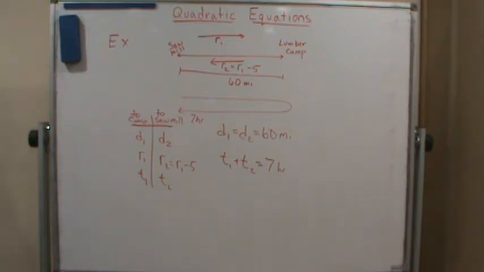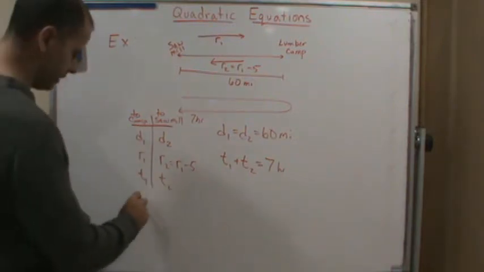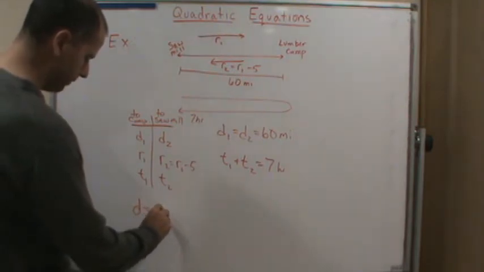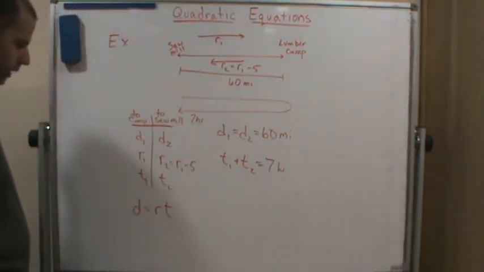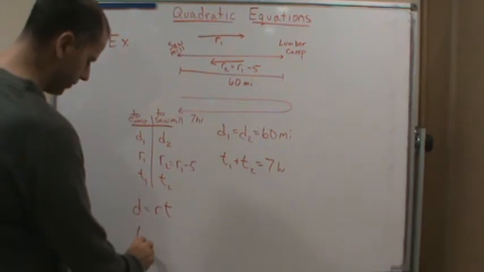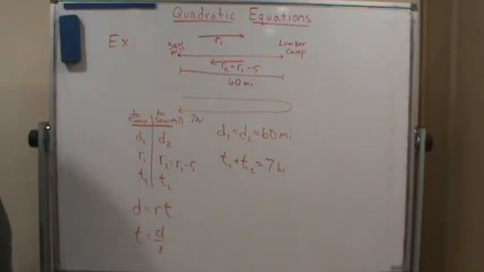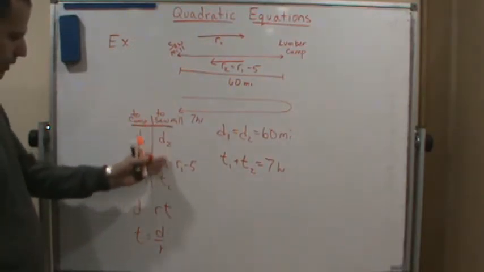But we want to get this down to one variable. So here's what I'm going to do. Let's use distance equals rate times time, and let's solve for T. So that means T equals distance over rate. And we can do that for each one of these.